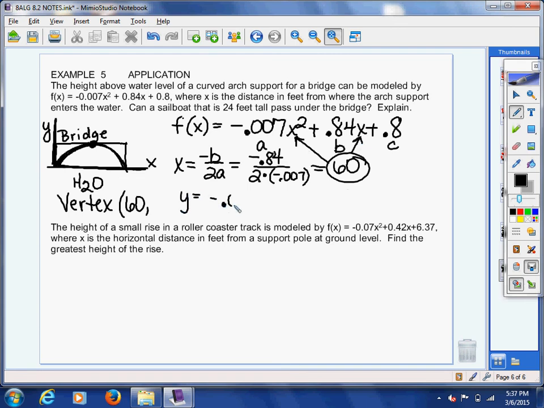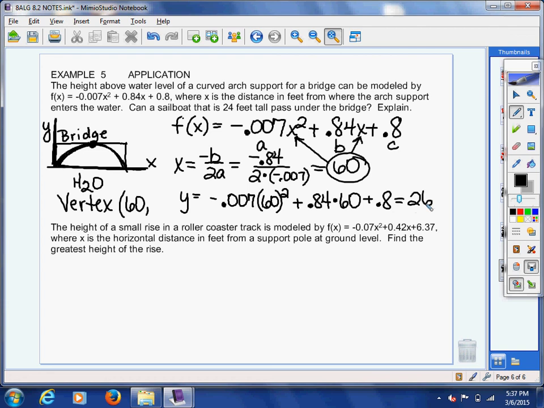Negative 0.007 times 60 squared plus 0.84 times 60 plus 0.8. You can do that all in your calculator, okay? And when you crunch those numbers, you're going to find that y equals 26. So your vertex is at 60, 26.